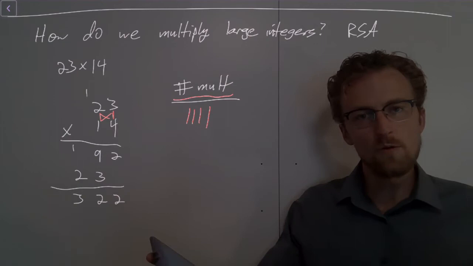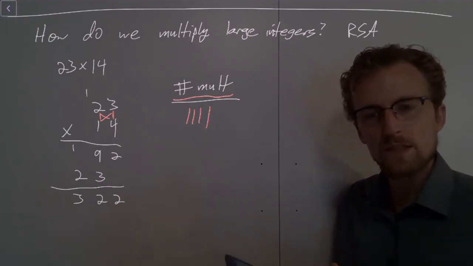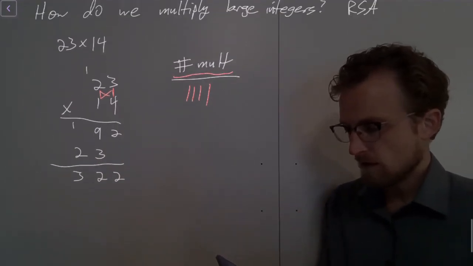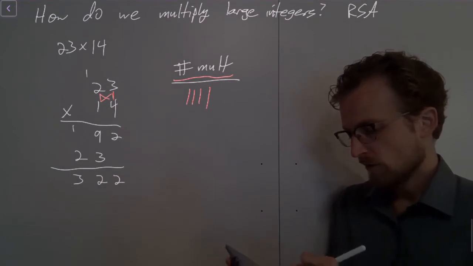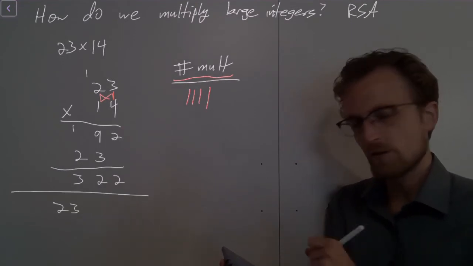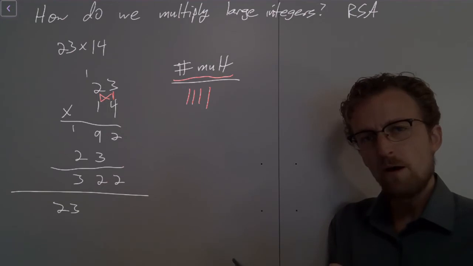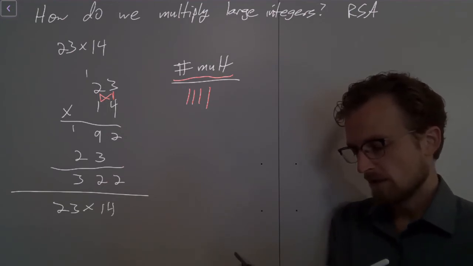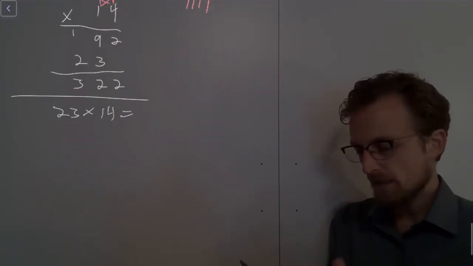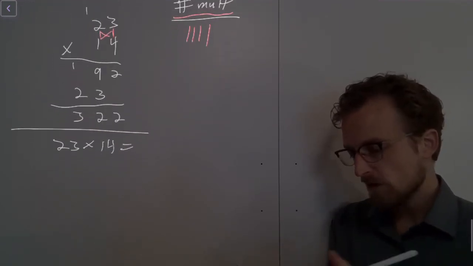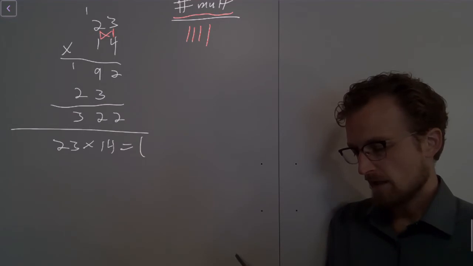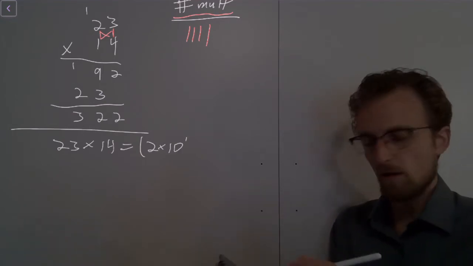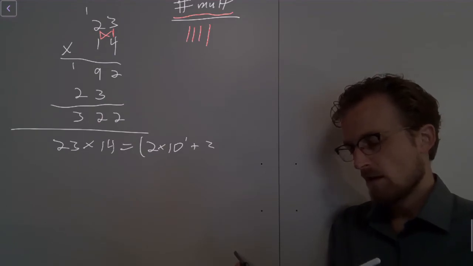Right? Let's write down a little bit of a description of why this algorithm works. All right, so I'm gonna write 23. Right, so there's our long multiplication. Now let's think about what's going on underneath the hood here. So 23 times 14, I can rewrite in the following way. So I can write this as 2 times 10 to the power of 1 plus 3 times 10 to the power of 0. Right?